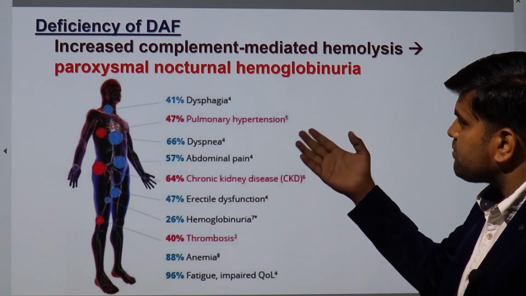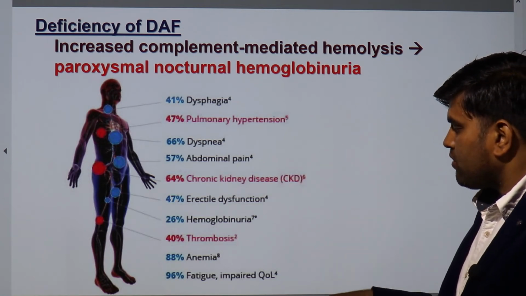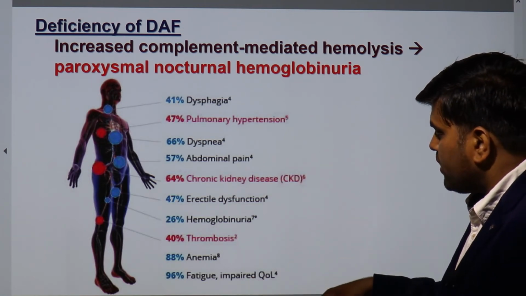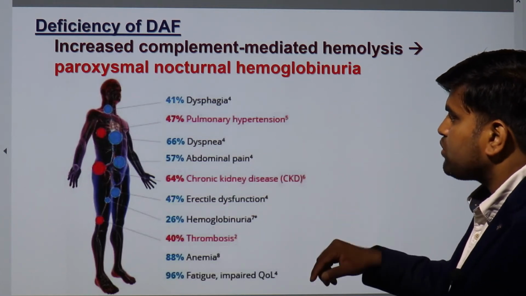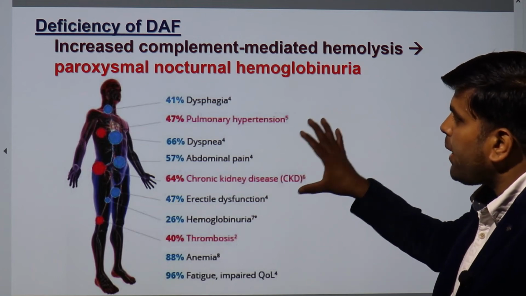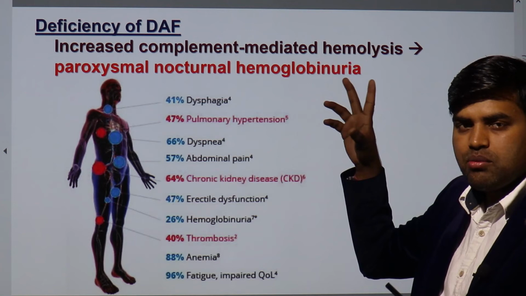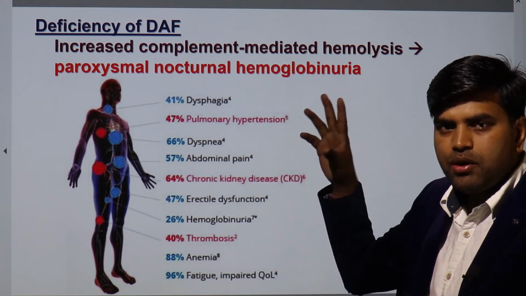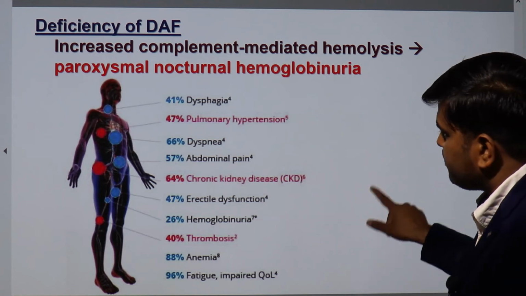These are the symptoms: dysphagia, pulmonary hypertension, chronic kidney disease, dyspnea, abdominal pain, anemia, fatigue, impairment, erectile dysfunction, hemoglobinuria, thrombosis, and many other complications. These are the features of paroxysmal nocturnal hemoglobinuria, which developed due to continuous activation of the alternative complement pathway, and that was due to the deficiency of DAF.